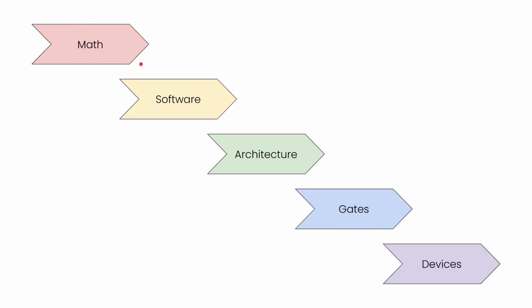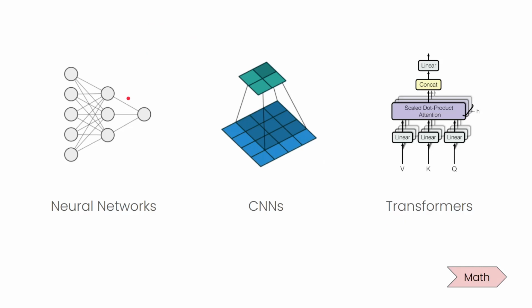Starting off with the math then, we need to think about the math for different common types of models these days. With neural networks, you just have matrix-matrix multiplications, weights times the activations in order to get some outputs. Of course, you also have the activation functions, but that's less of the total amount of computation that needs to be done.